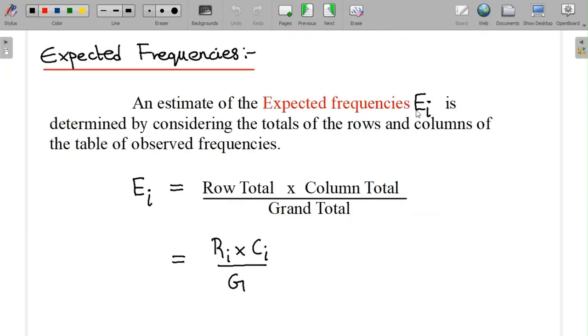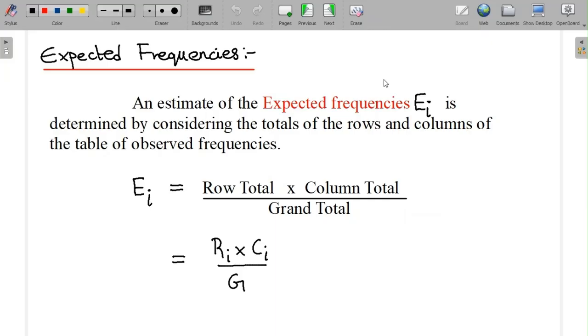The expected frequencies are to be calculated based on the given data, and they are calculated using the formula available on the screen. An estimate of Ei, known as the expected frequencies, is determined by considering the totals of the rows and the columns of the corresponding observed frequencies.